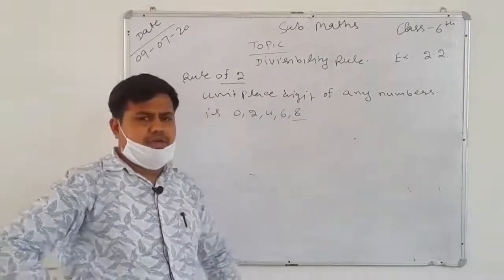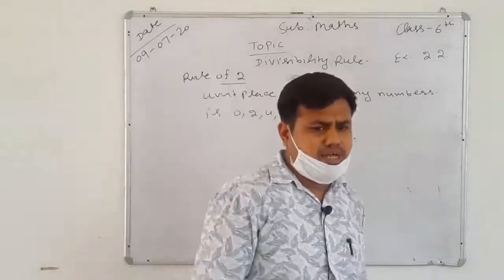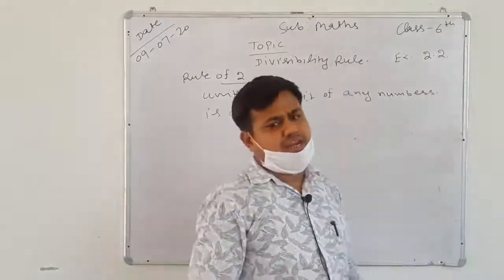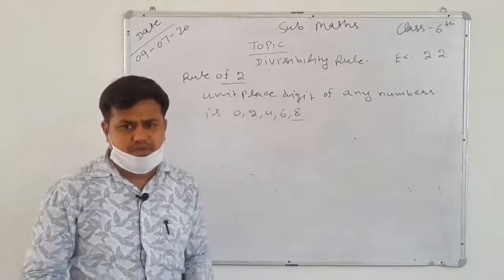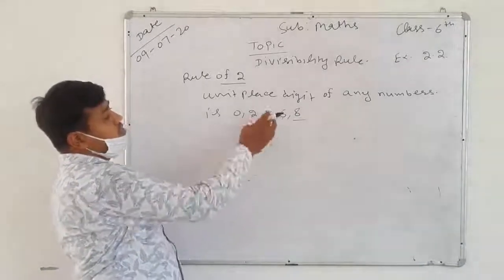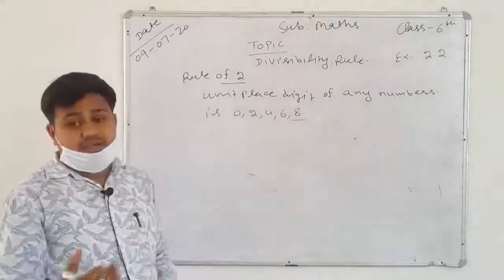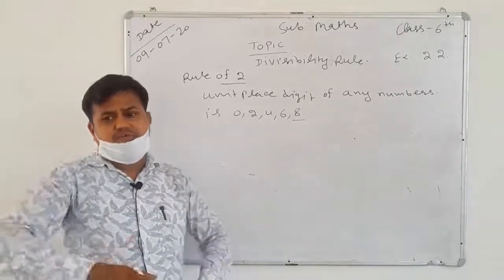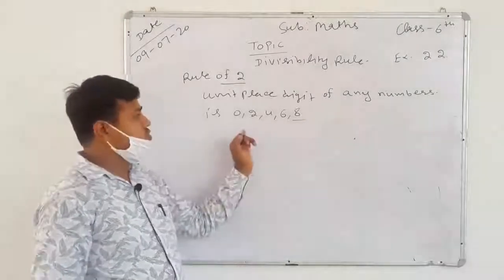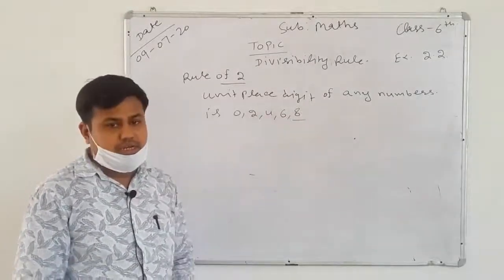We can say if a number is an even number, then it is divisible by 2. Yes or no? So how can we specify an even number? How will we confirm an even number? If the unit place digit is 0, 2, 4, 6, 8.